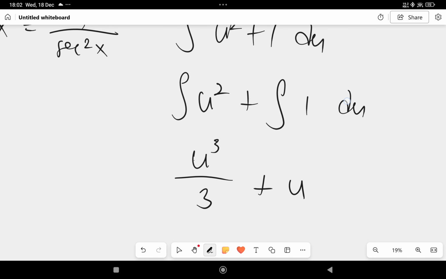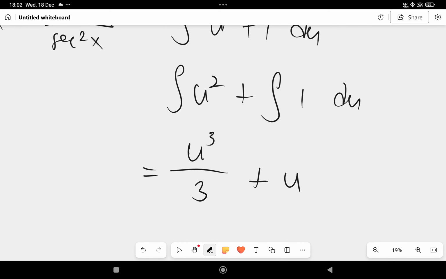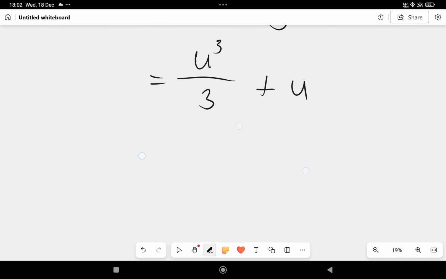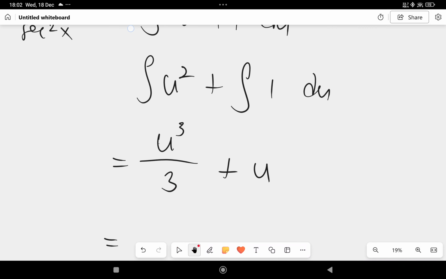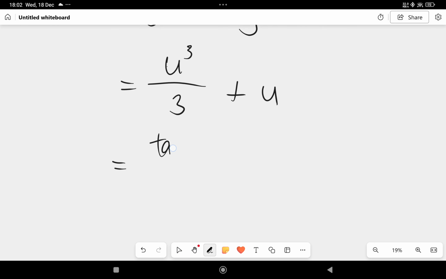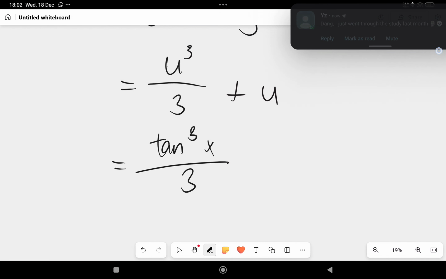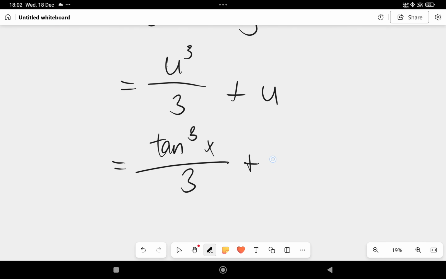Don't put plus c yet, because u is equal to tan x, so we have to rewrite everything. Tan to the third power x divided by 3, plus tan x, plus c. So this is the answer.